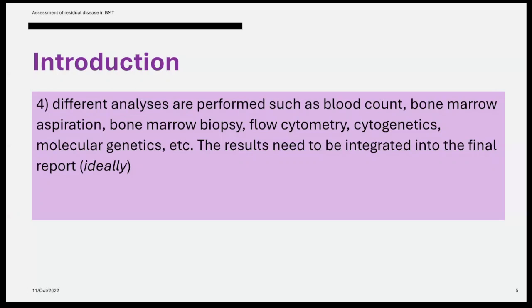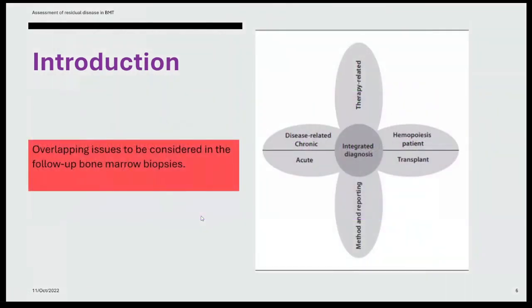Because in the lab, the marrow is sometimes reported by one team, flow by another team, cytogenetic by another lab, and the same goes for molecular. Then it will be difficult for us to get everything in our hands before we release our report. That will unnecessarily delay our reports.